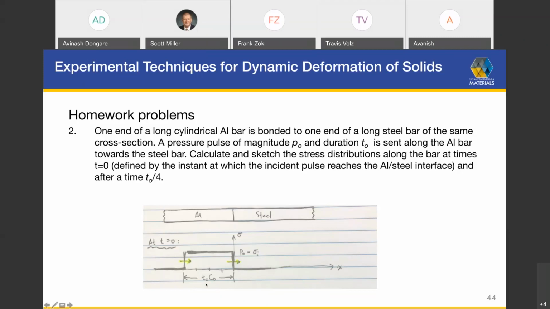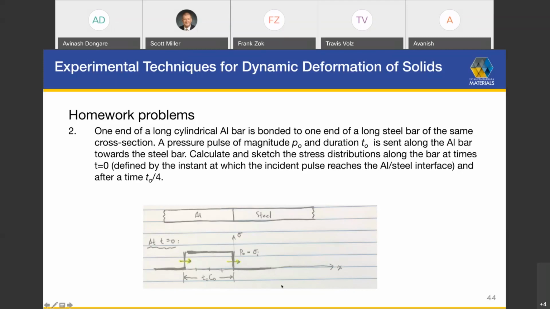And so as that pulse is approaching the interface, you have the leading edge of the pulse here moving from left to right, and you have the trailing edge here also moving from left to right at the same speed. At the instant that it hits the interface, of course, you have no stress present within the steel.